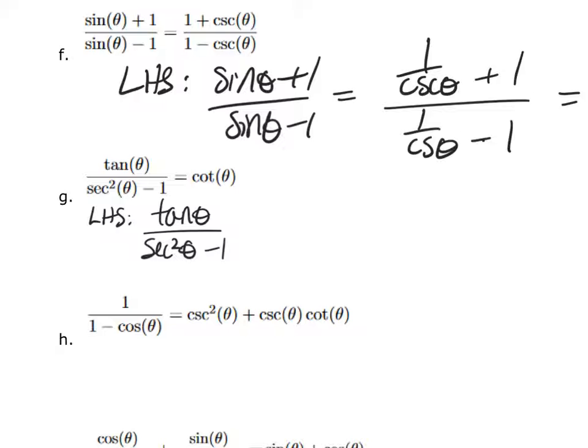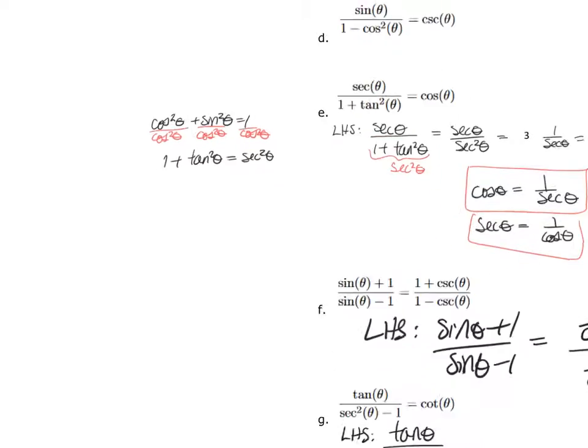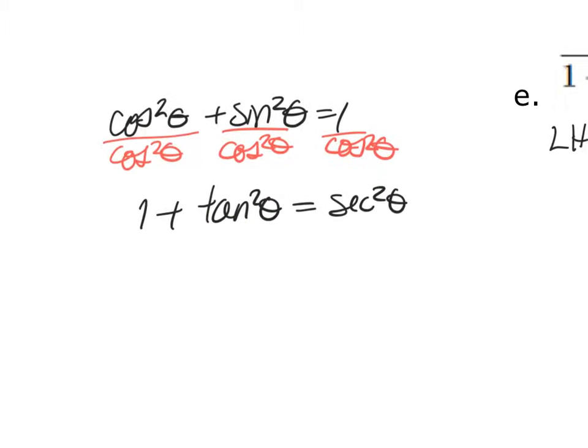All right, now remember from our Pythagorean identities, in fact, we just did it right up here. You see this? We just did this earlier. So if I take this identity right here and solve for tangent squared, I'm going to get this.